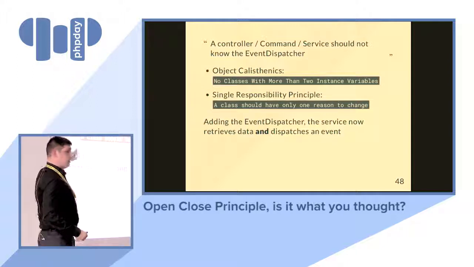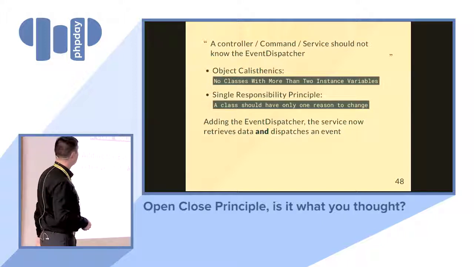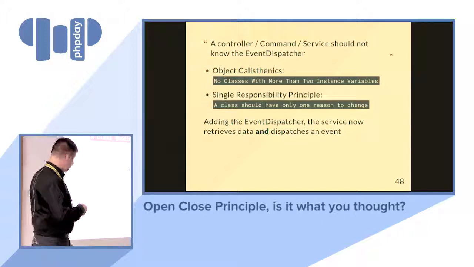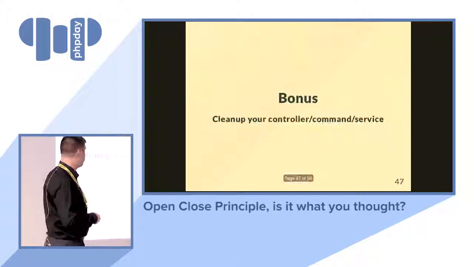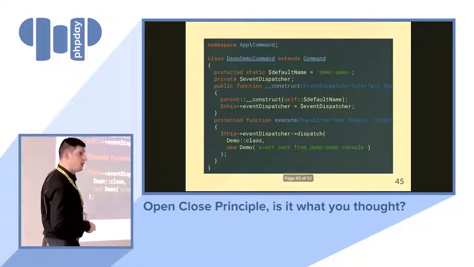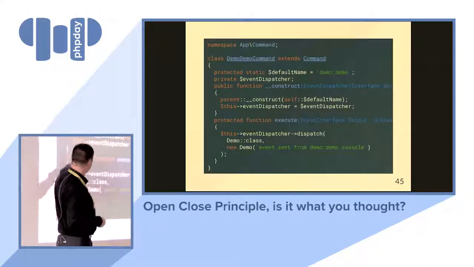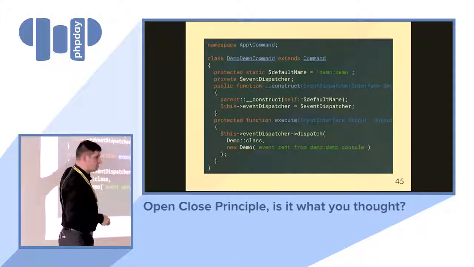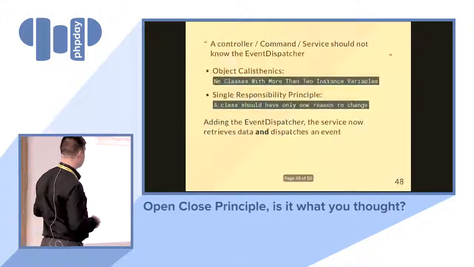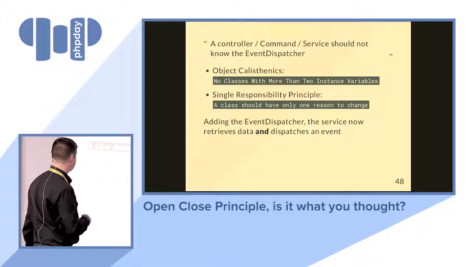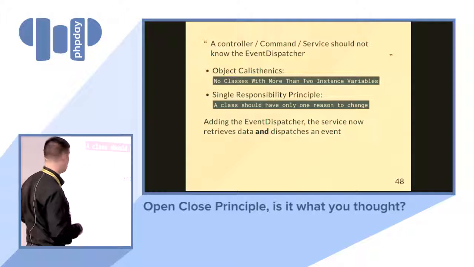Object calisthenics, if you don't know them, is another set of rules, quite strict, that limits you to two instance variables. So if you're starting to add some more things in your constructor here, that's going to be a mess. So what we're trying to do here with cleaning up is basically have one reason to change, not more.